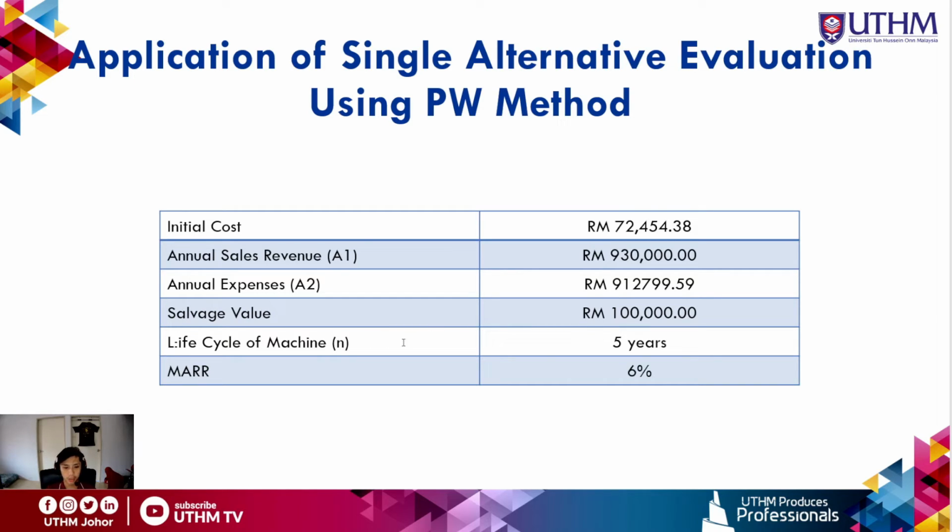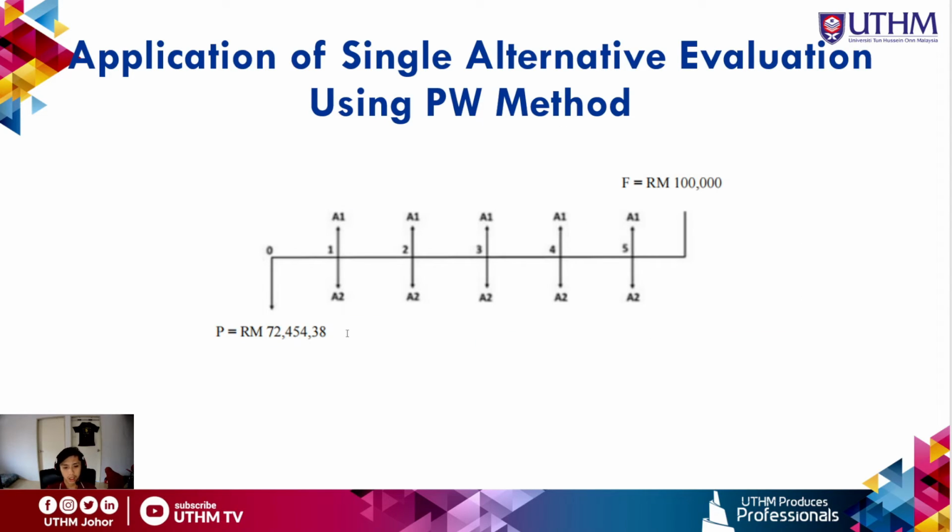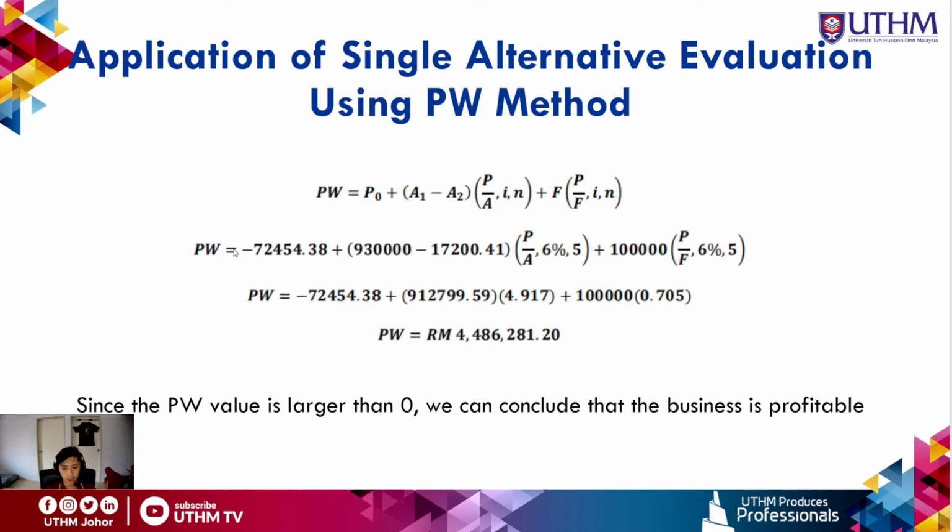The life cycle of the machine is assumed to be 5 years with a minimum rate of return of 6%. This is the cash flow diagram in order to use the PW method. Next, we use the formula to find the present worth. This formula is P0 plus (A1 minus A2)(P/A, i, n) plus F(P/F, i, n).